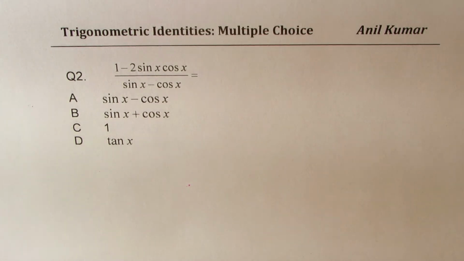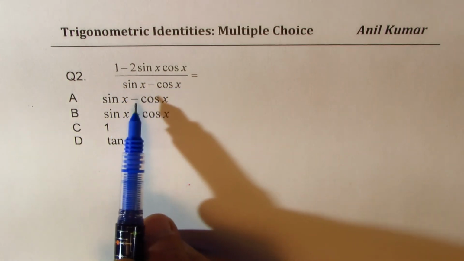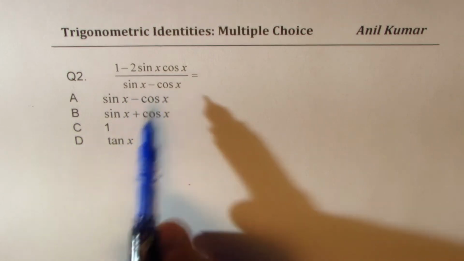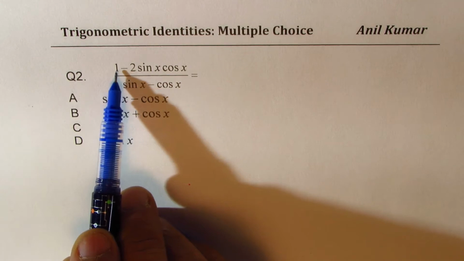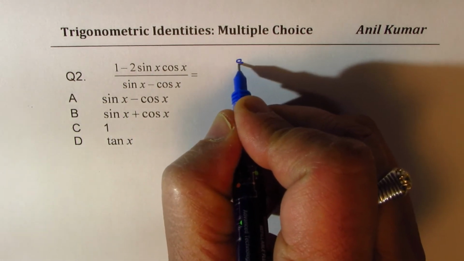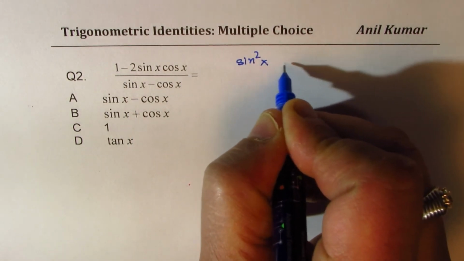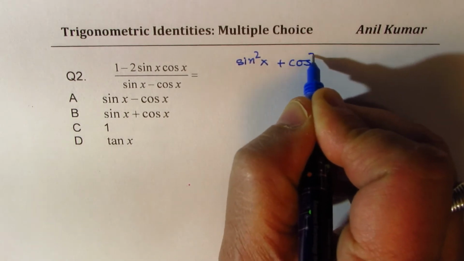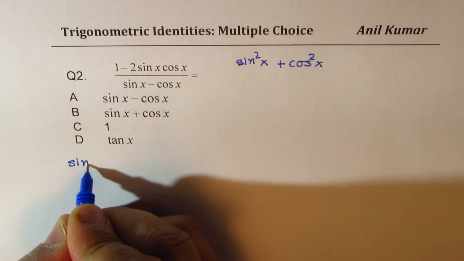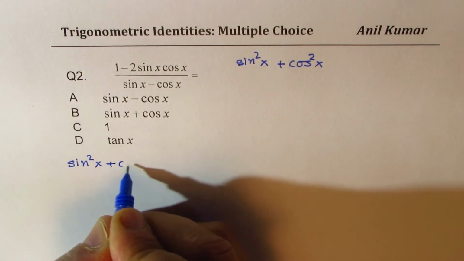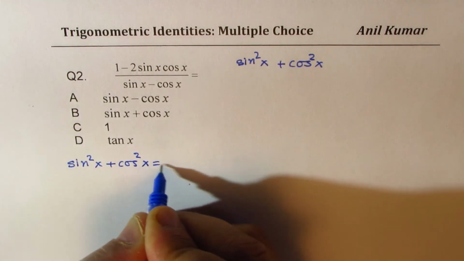Question number 2 here is 1 minus 2 sin x cos x divided by sin x minus cos x is equal to what? So this expression, you can write 1 as sin square x plus cos square x, correct? So that's the Pythagorean identity, which you learn, sin square x plus cos square x is equal to 1.